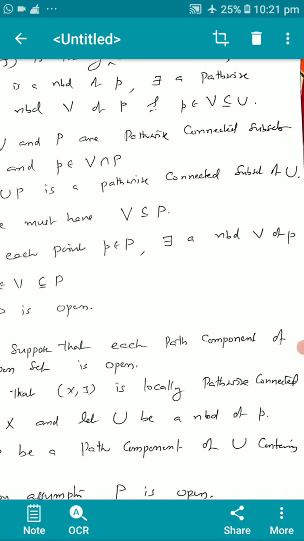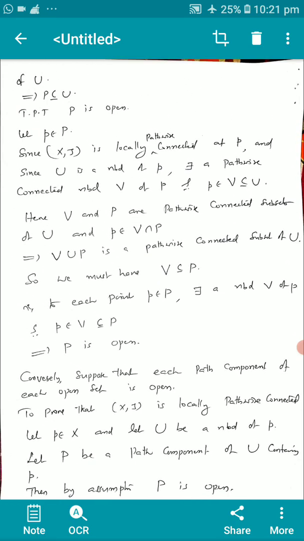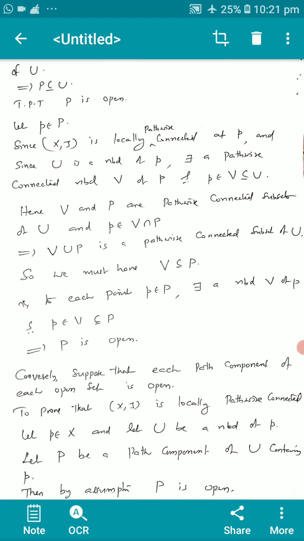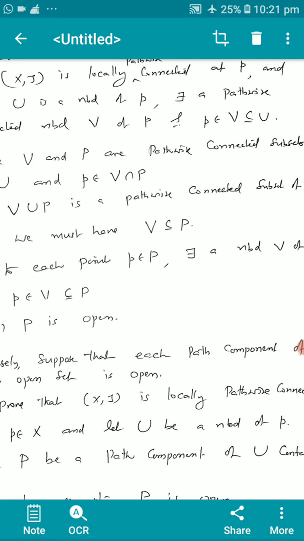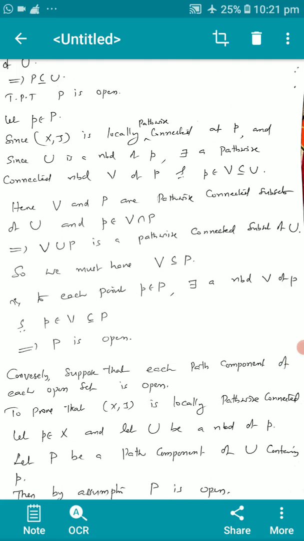That is, to each point p in P, there is a neighborhood V of p such that p in V is a subset of or equal to P. That shows P is open. On the other hand, conversely, suppose that each path component of each open set is open. To prove that X is locally path connected, let p in X and let U be a neighborhood of p. Let P be a path component of U containing this small p.